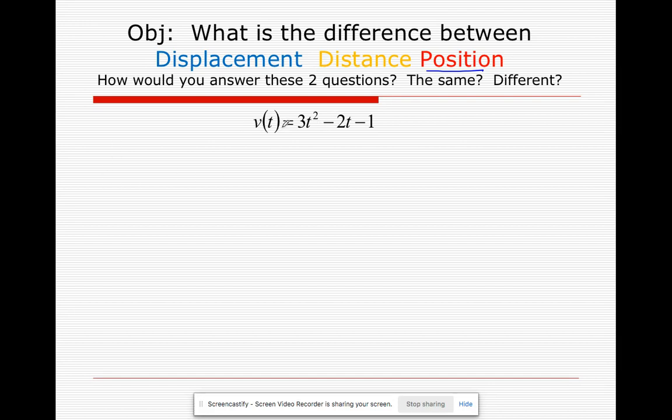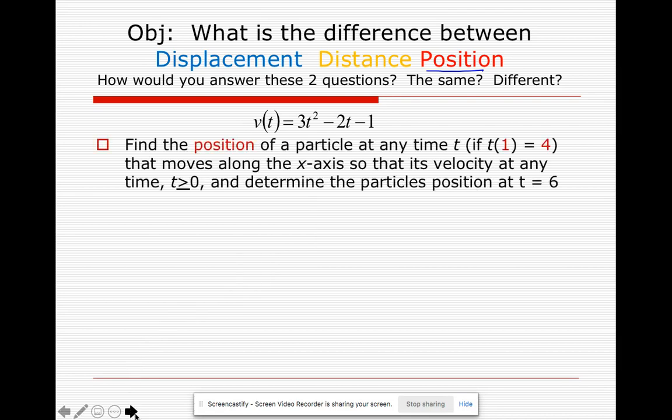If you are given this function and I'm actually asking you to solve for the position, find the position of the particle at any time t, at any time t means they want you to solve the initial value problem. Velocity is the first derivative. Solve it by getting rid of the derivative and using your initial condition.